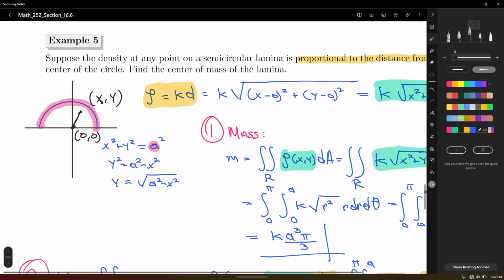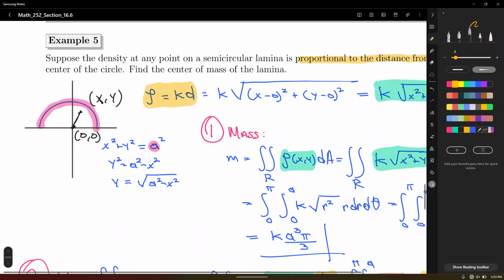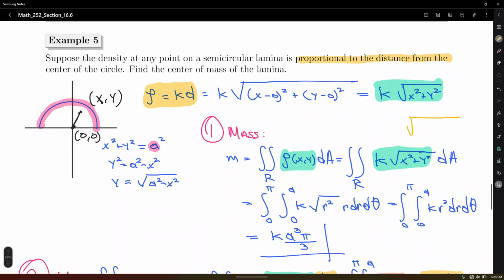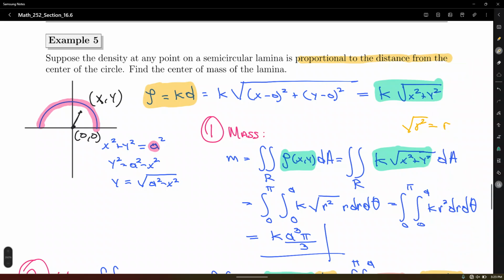All right, and changing this function, square root of x squared plus y squared, that's the same as saying square root of r squared, which is simply r. So this becomes just an r. But in this case, times the r from the change of coordinates from dA to r dr d theta.